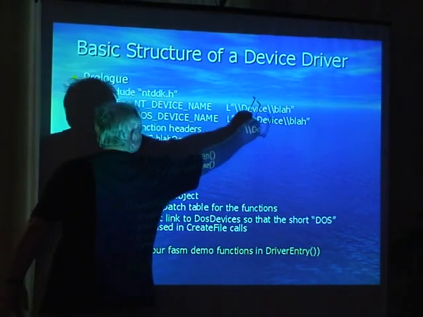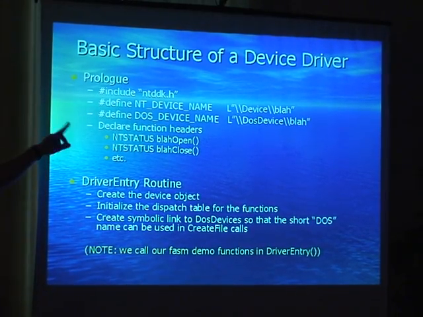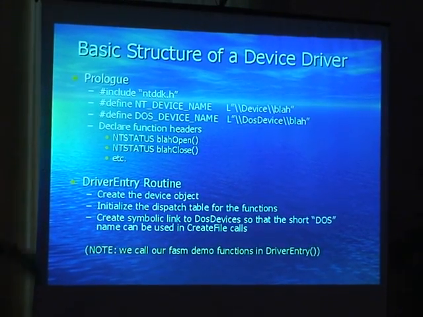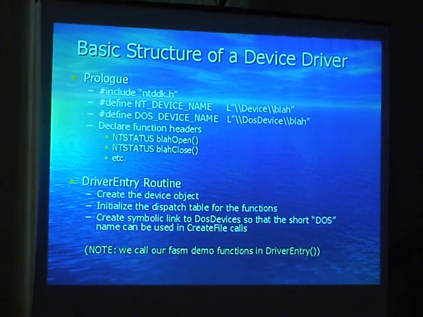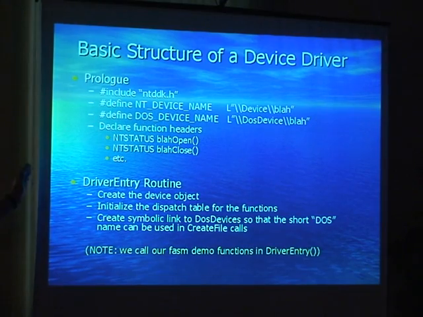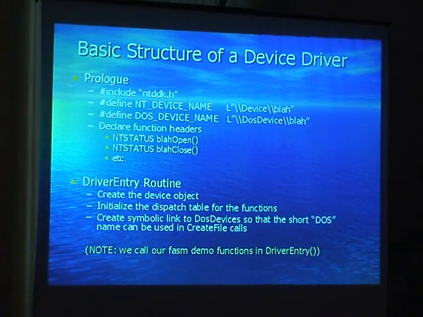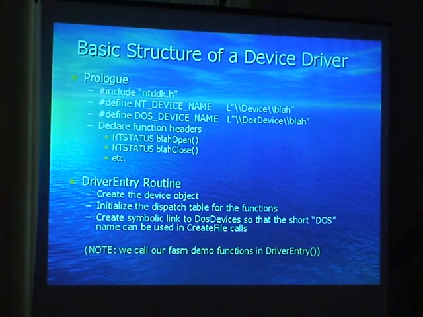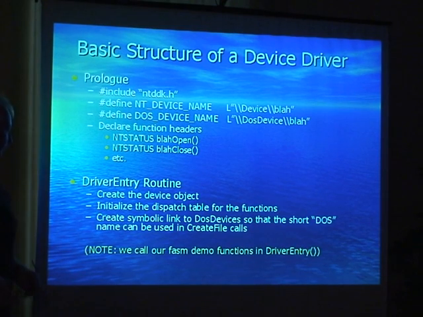The blah blah is what your device driver name is going to be. You have to set up the DOS device name, and then you declare your function headers. After that, you have your driver entry routine. This is when the driver starts. You instantiate the driver, and it begins to run.